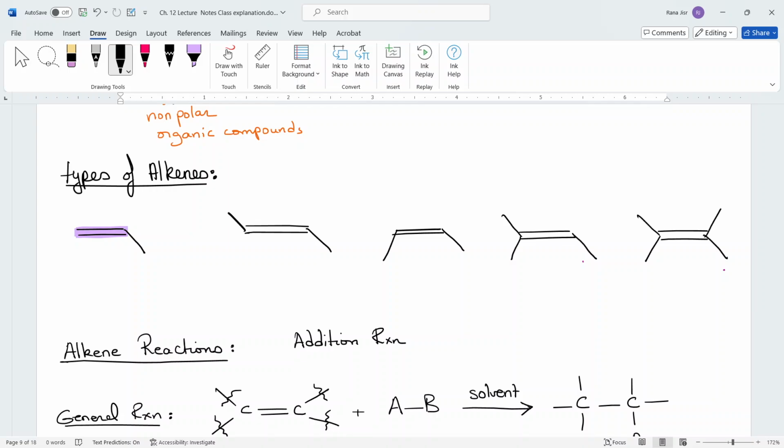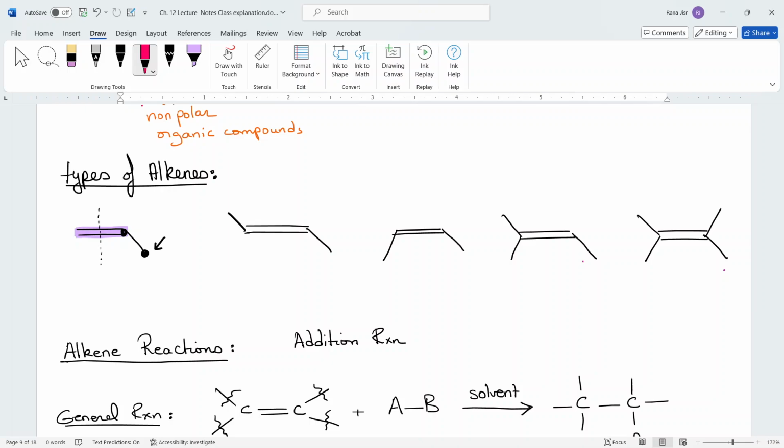On this double bond, I normally divide it in half like this. The double bond has 2 carbons. On this carbon, I have no carbons connected, but on this carbon, I have just 1 carbon.